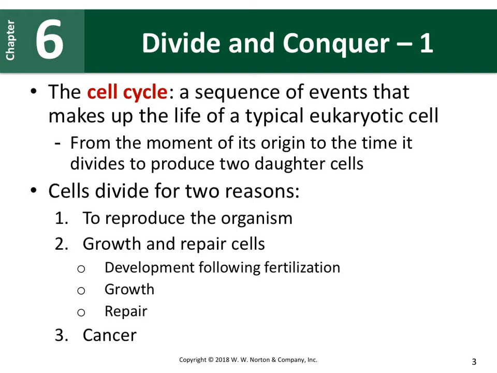Cells divide for a number of reasons, two main reasons: to reproduce. So organisms need to reproduce, and if they're either archaea or bacteria, they reproduce by binary fission, where they make two copies.